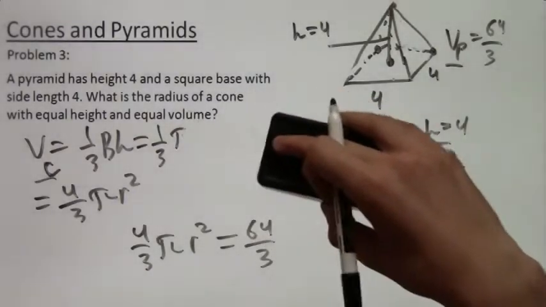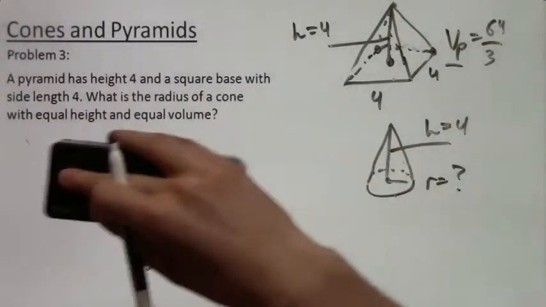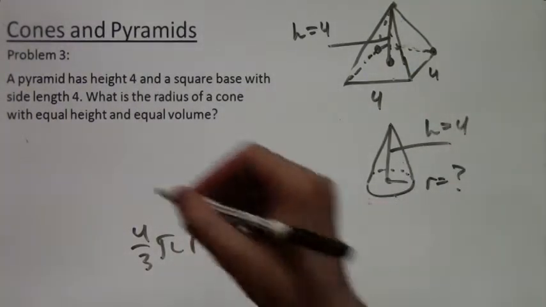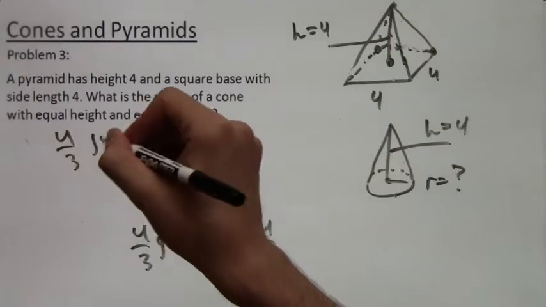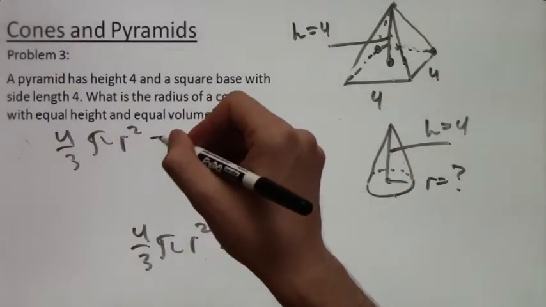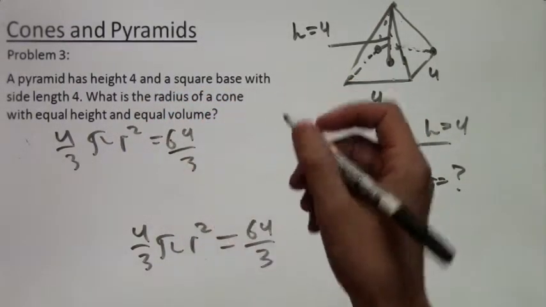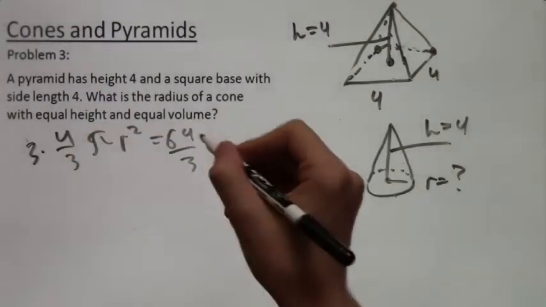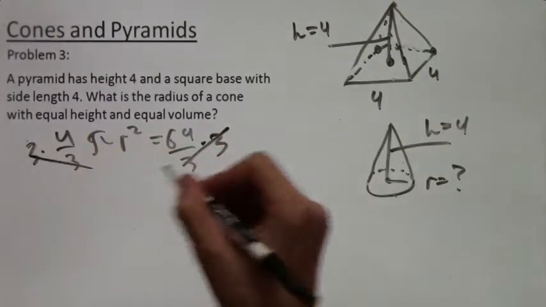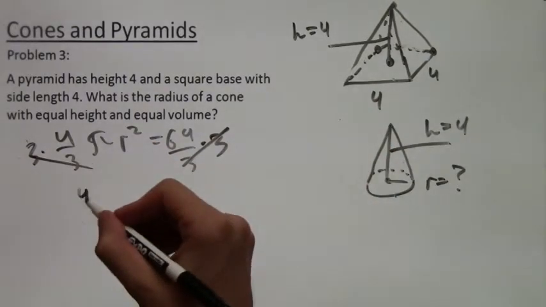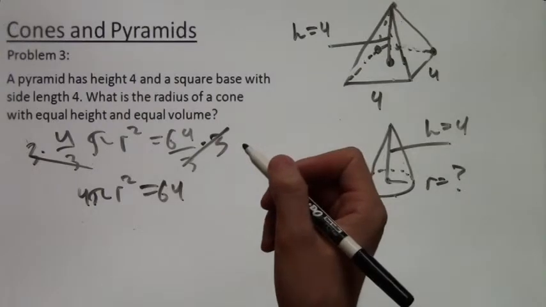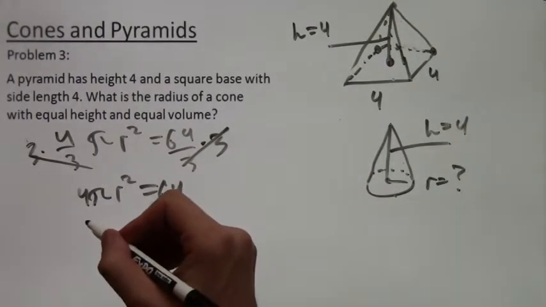So now we just have an equation with some numbers and r, and we can solve that. So I'm going to rewrite it over here. 4/3 pi r squared equals 64 over 3. And now let's solve it. So first, we can get rid of those 3's on the bottom just by multiplying by 3 on both sides. We get 4 pi r squared equals 64. And now we can divide by 4 pi on both sides.